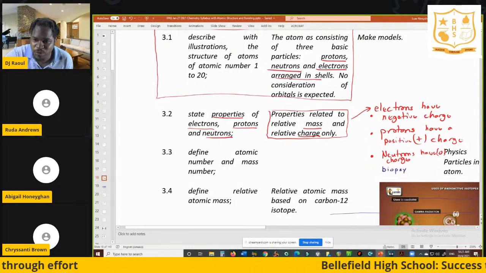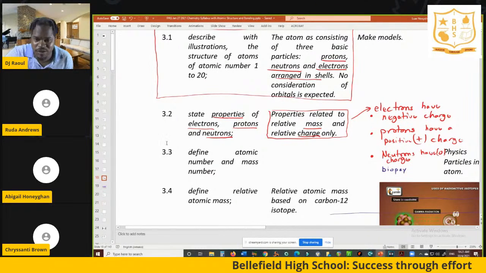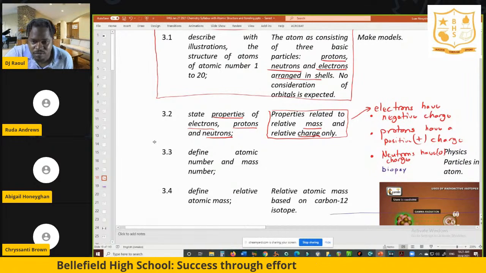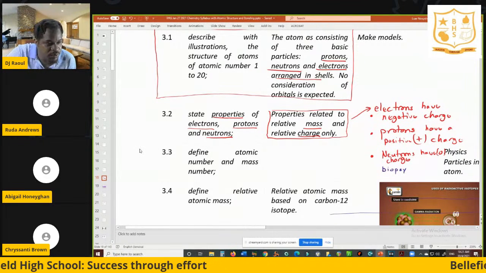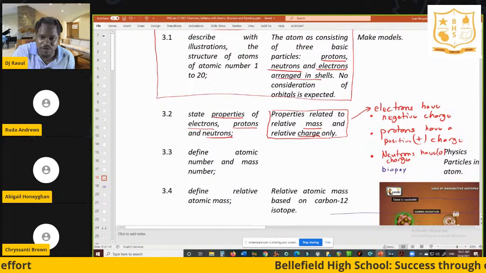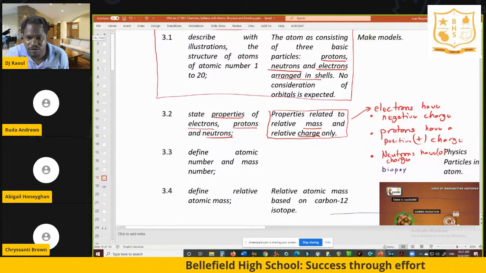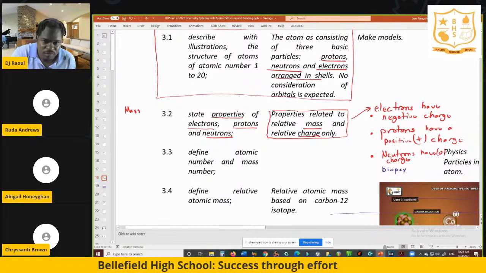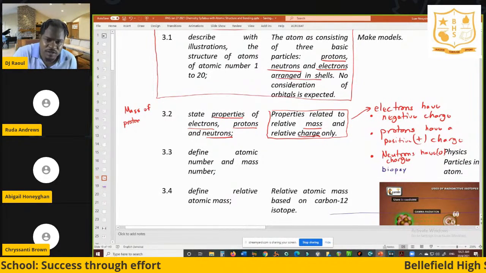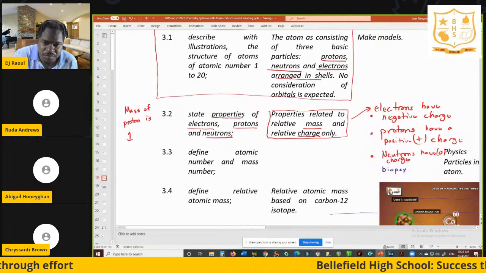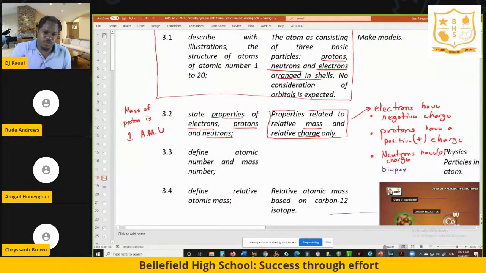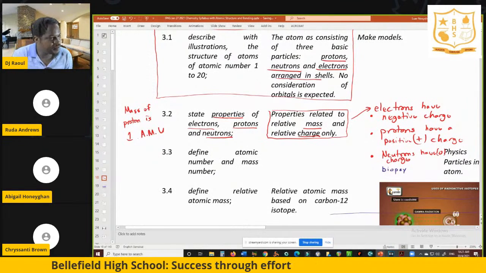AMU. All right, that's good. Let's write that over here. Mass of proton. Did you do that in class? Yes, sir. Very good. Okay, is 1 AMU.